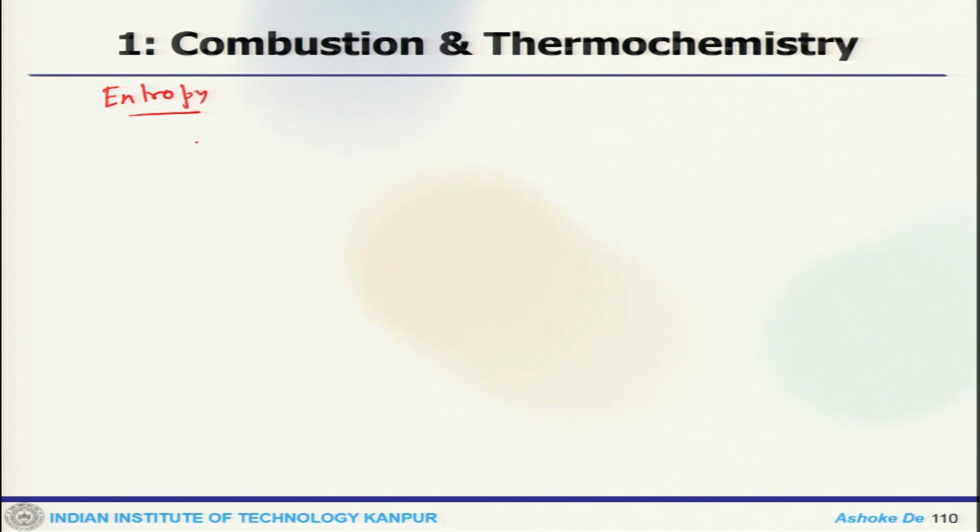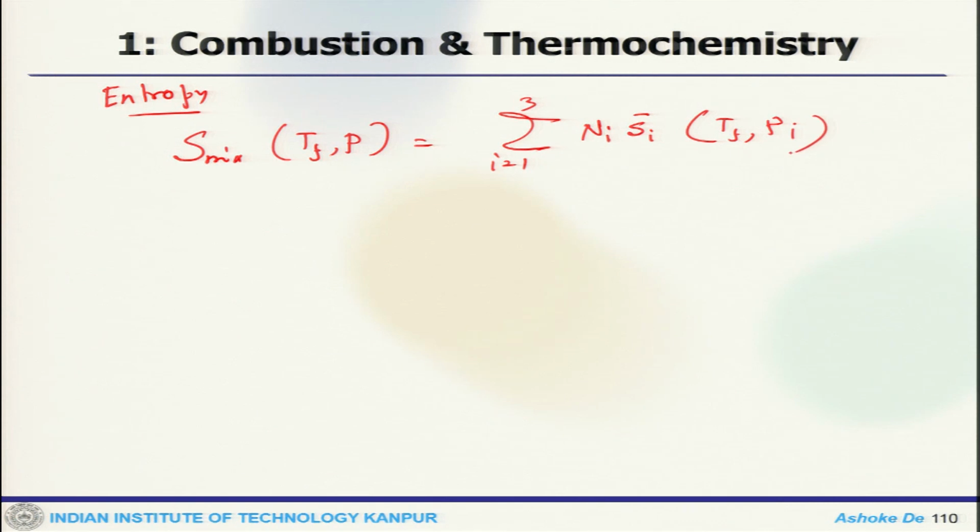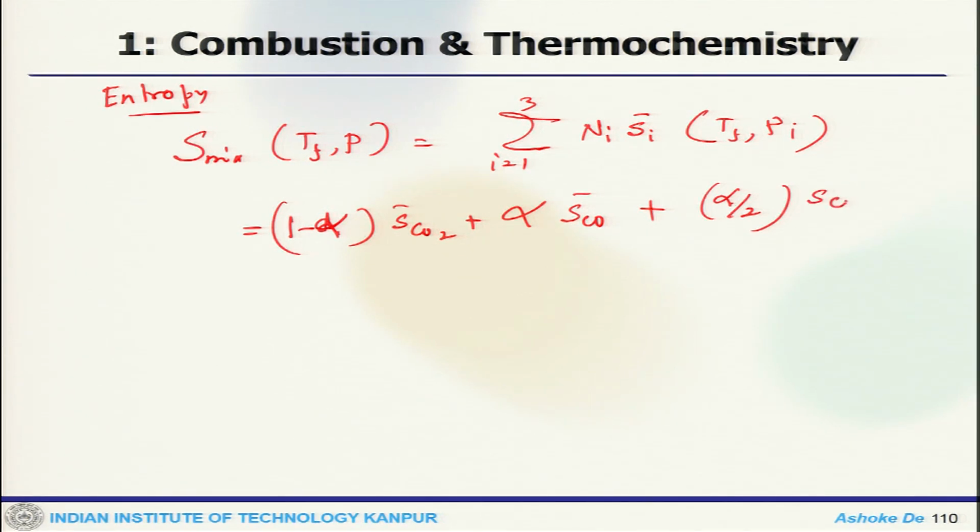And how you find out entropy: the mixture entropy at the final P, with these species Ni at Tf and Pi, will be 1 minus alpha into S_CO2 plus alpha S_CO plus alpha by 2 S_O2. So, that is your equation 1.47.